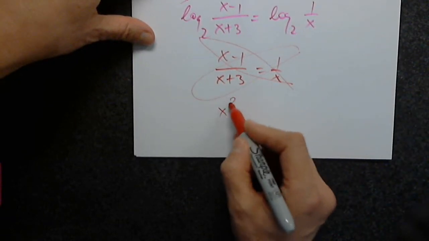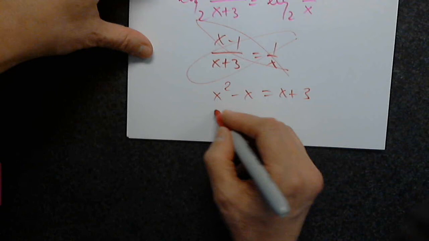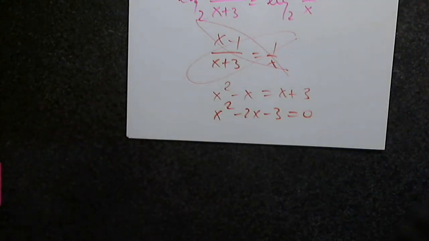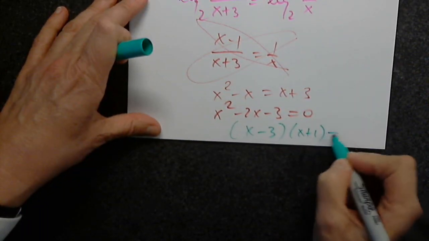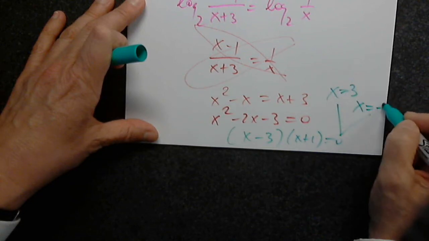And then I have x squared minus x equals x plus 3. Or x squared minus 2x minus 3 is 0. I will factor and get the solution. So I get 2 options, 3 and negative 1.